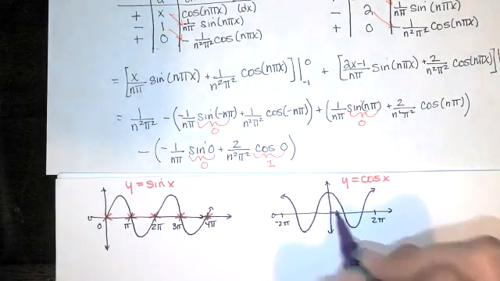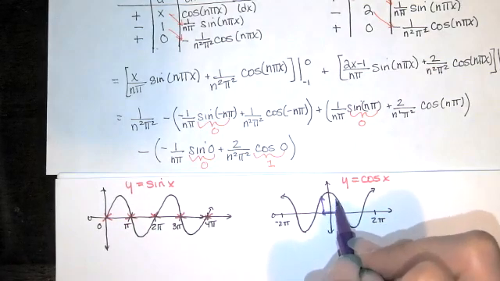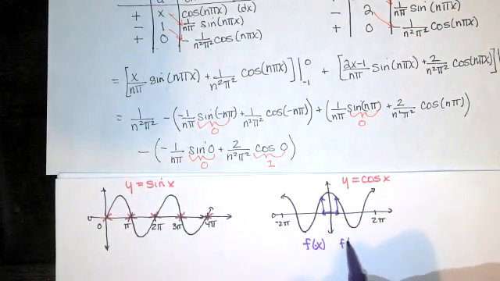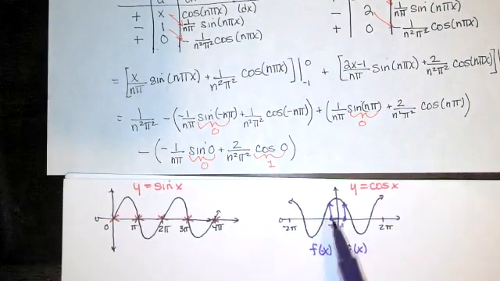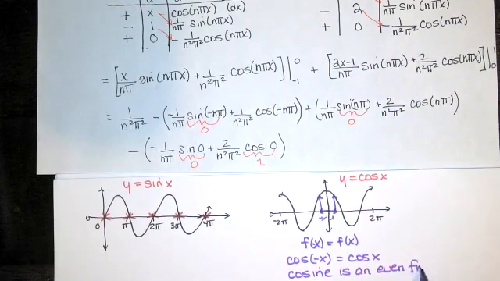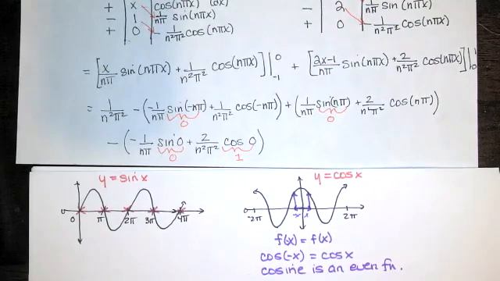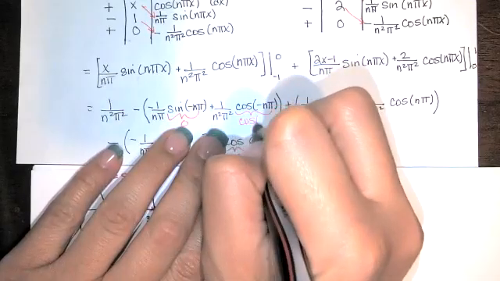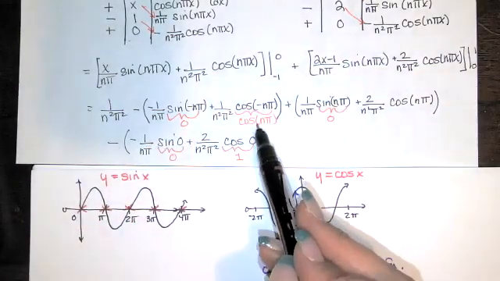That means if we go x units in this direction and x units in this direction, and we find the y value there and we find the y value there, one of those is called f of x and one of those is called f of negative x. That's if that's x and that's negative x, those y values are the same. So for cosine, that's cosine of negative x equals cosine of x. And that's because cosine is even. In that case, that means my cosine of negative n pi is equal to cosine of n pi. So these are really the same thing.